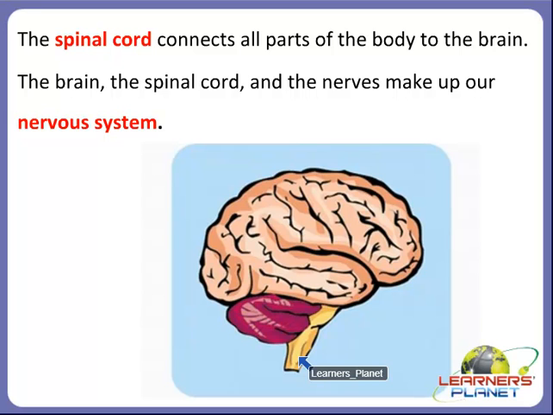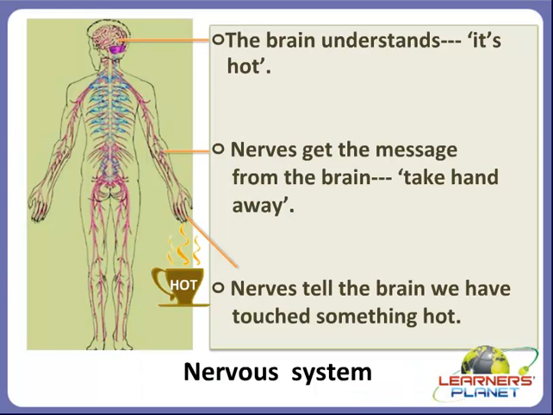Just as the brain is protected by the skull, the spinal cord is protected by the backbone. So we can say that the brain, the spinal cord and the nerves make up our nervous system. Okay, children? So let's study about the nervous system.